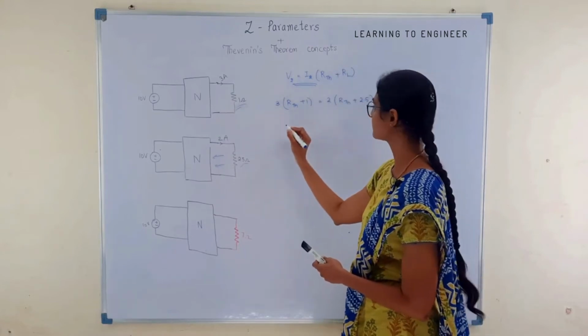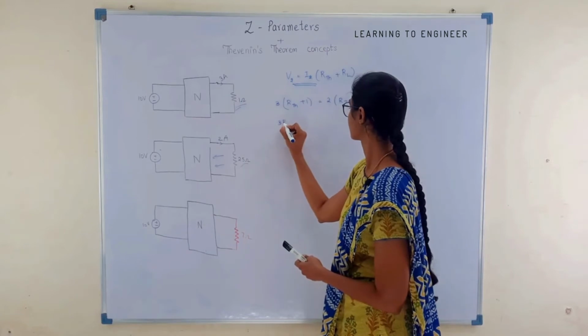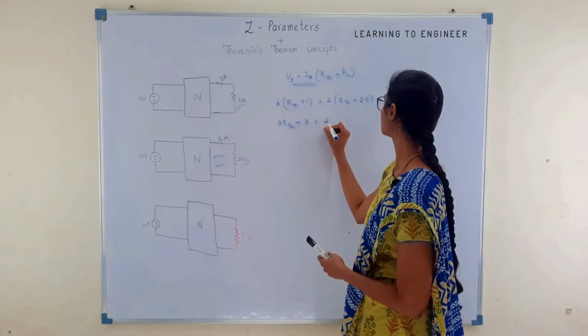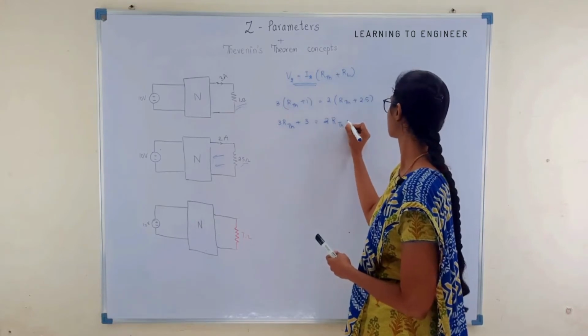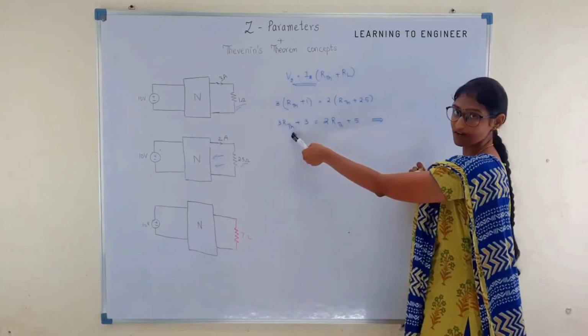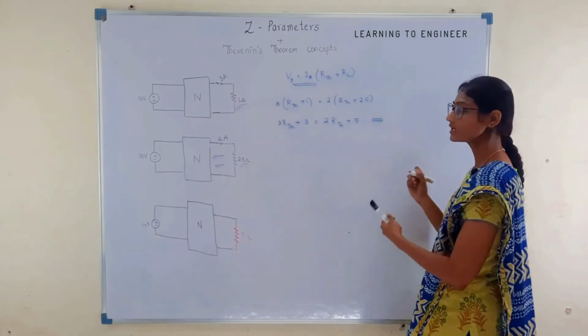So, when we take this term inside, we will get 3 times RTH plus 3 is equal to 2 times RTH plus 5. So, this implies that 3 minus 2 RTH is equal to 5 minus 3, which is 2 ohm.